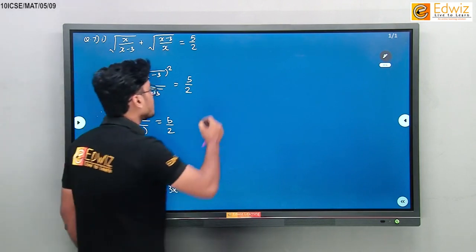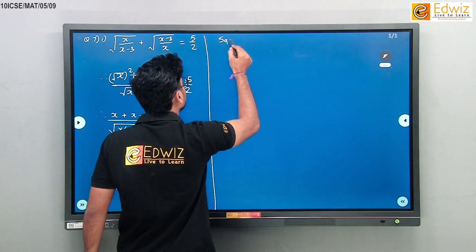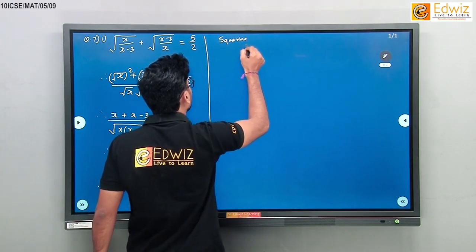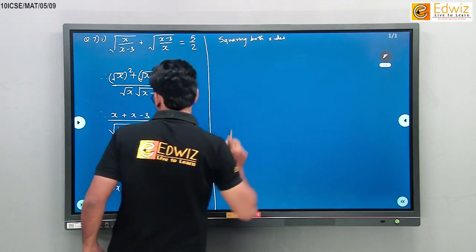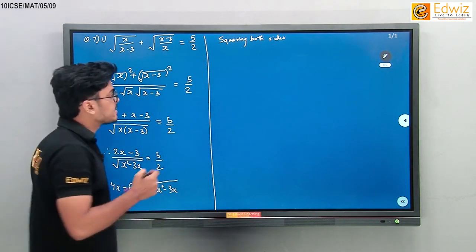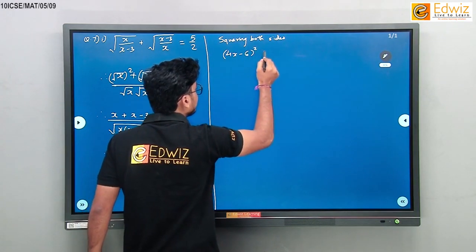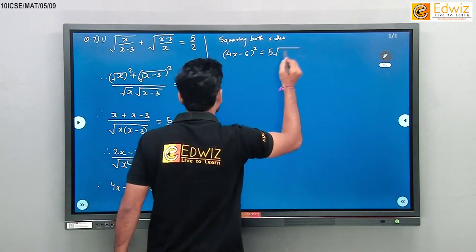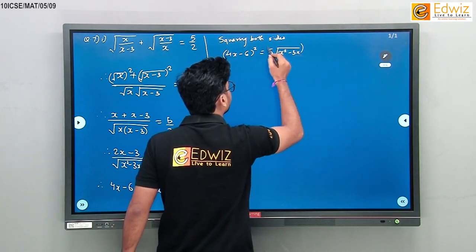So if I'll square the both sides, squaring both sides, okay, on the left hand side 4x minus 6 the whole square, and on the right hand side 5 square root of x square minus 3x the whole square.